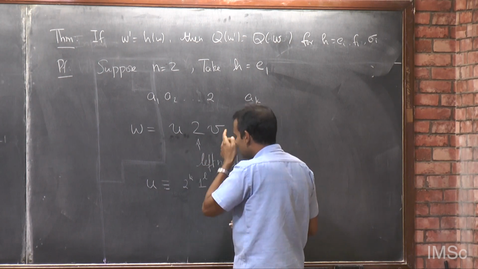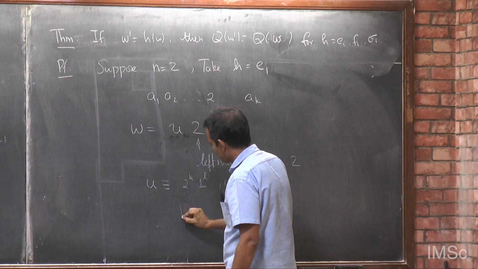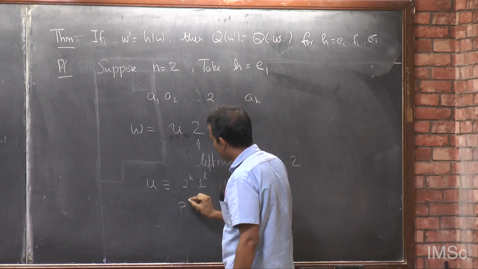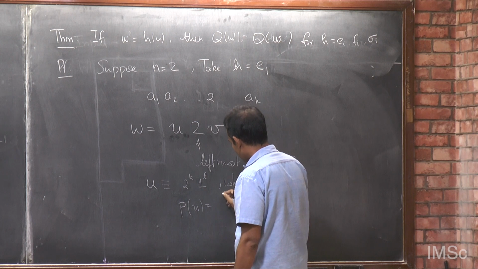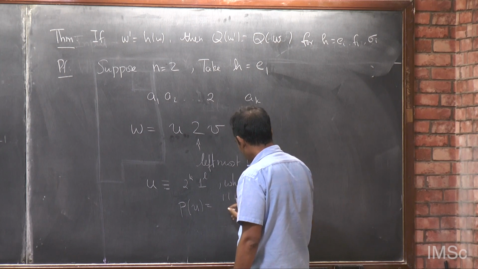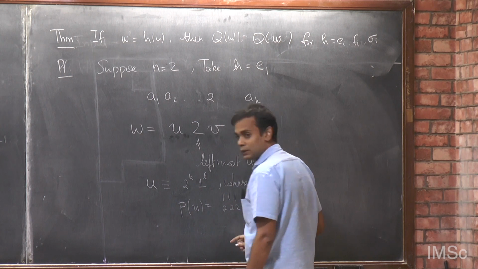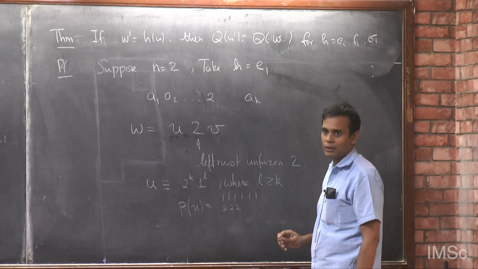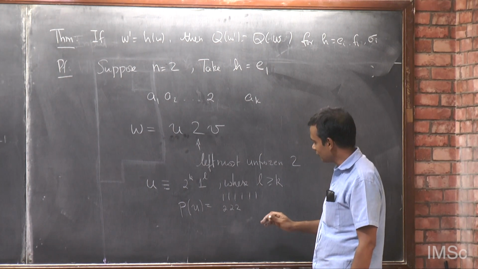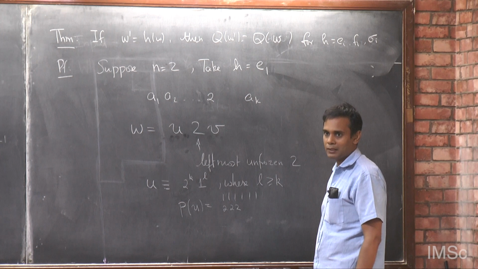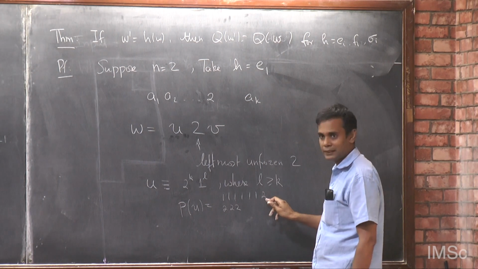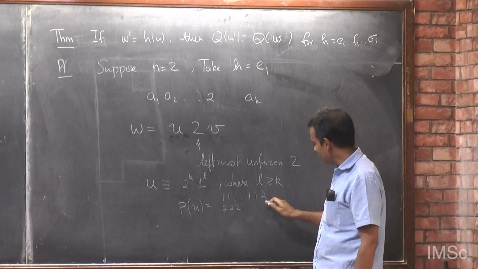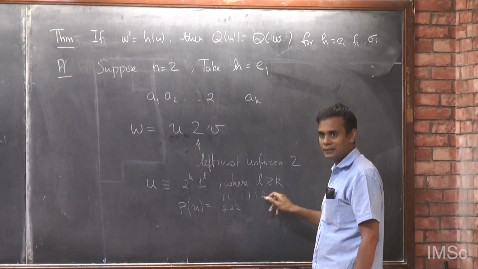Which means that if you look at this P of u, then you will have 1, 1, 1, 1, 1, and then you will have some 2s, but fewer 2s than you have 1s. Every 2 would have been bumped up by a 1. And so now when you put a 2 here or a 1 here, it comes to rest in the same place, right.